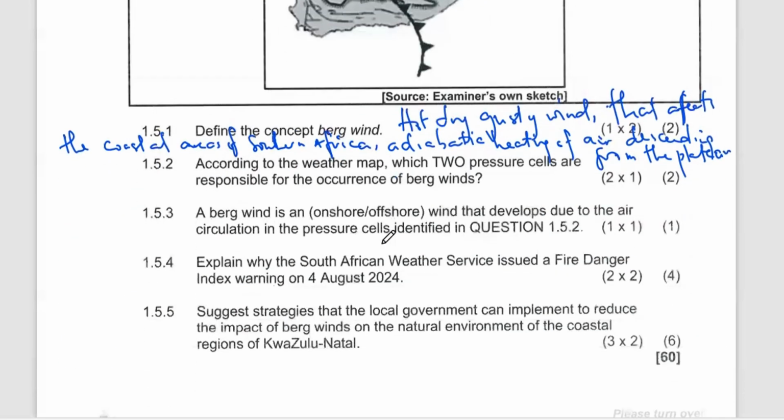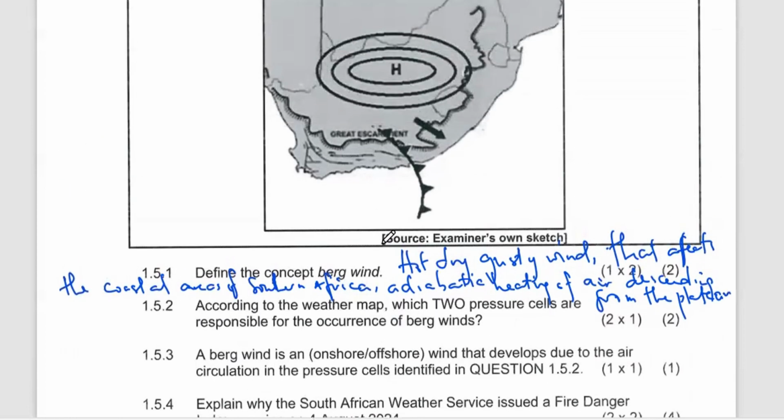Right. According to the weather map, which two pressure cells are responsible for the occurrence of the Berg winds? The Berg winds occur as a result of the Kalahari high pressure cell, and they also occur because of the presence of the coastal low pressure cells. These two cells facilitate the development of the Berg winds.